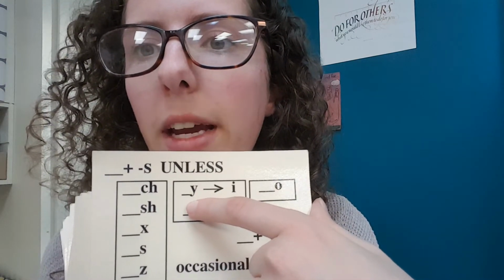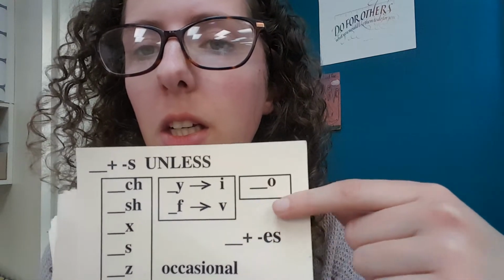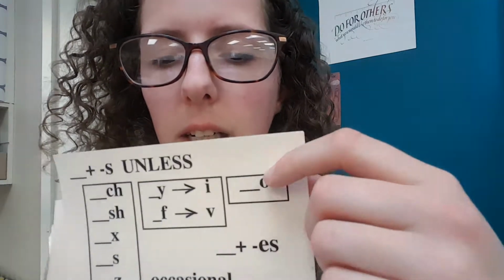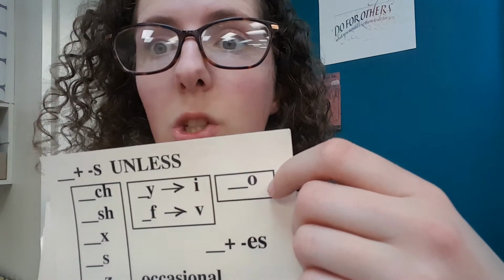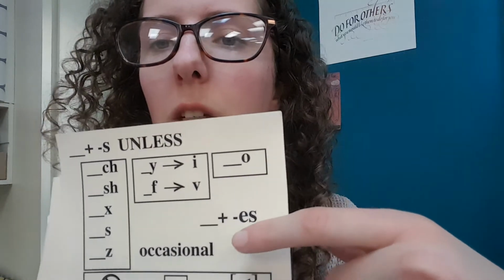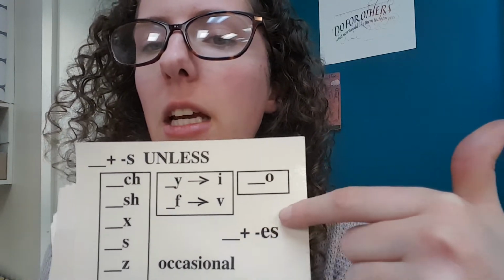That ends with a Y. But when plural, it goes to be an I. Or, if the word ends in O, like tomato, for any of those reasons, you would add an ES to the end of the word.